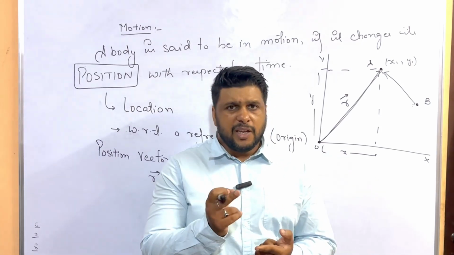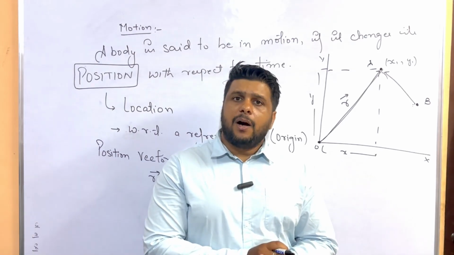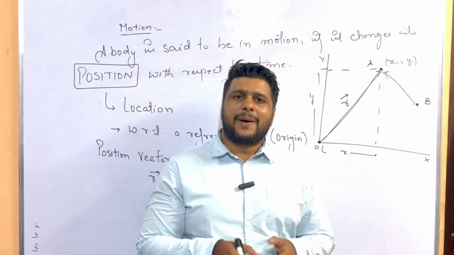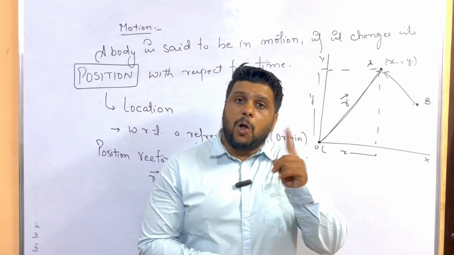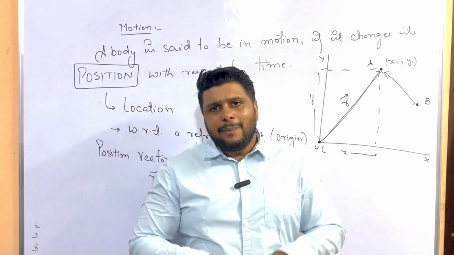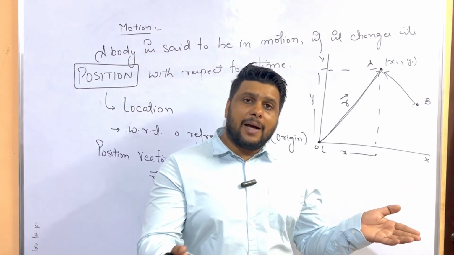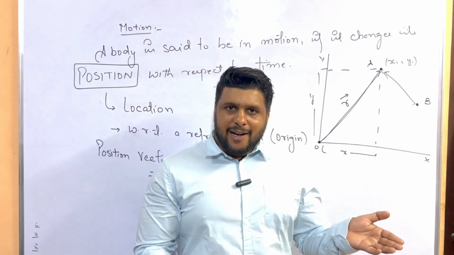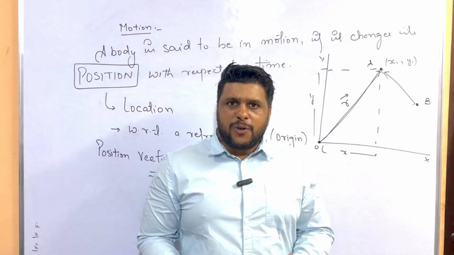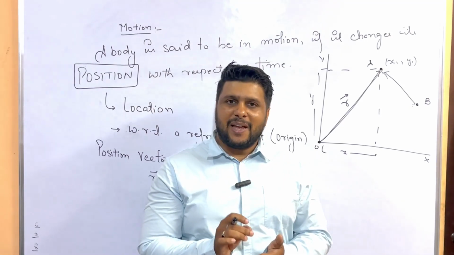But I am also in motion. If you see, you know that the earth is moving. All of the particles which are present on earth are also moving, but all those are moving with respect to the sun or other planets. So I am in motion with respect to the sun because my position is changing, but I am present here in front of you at a single location. So you will say that I am at rest.